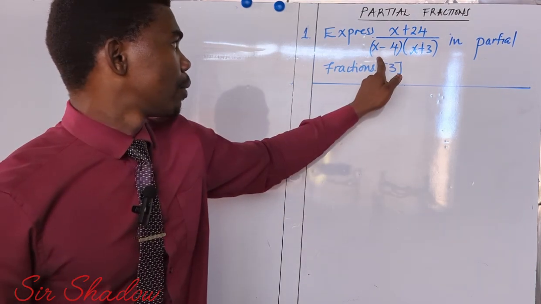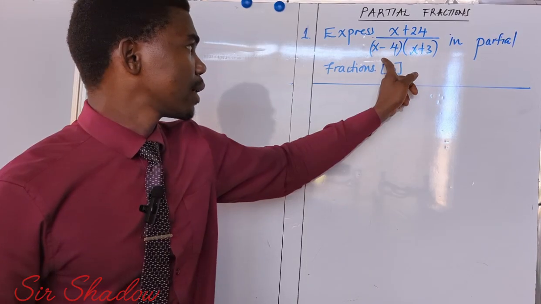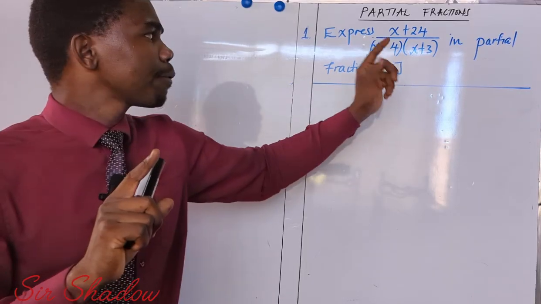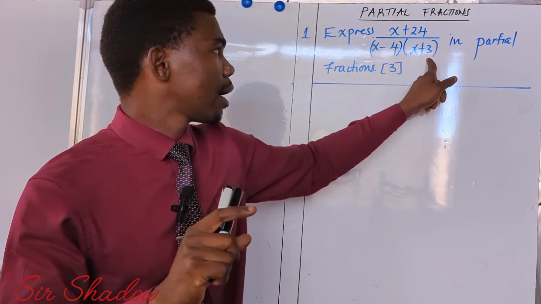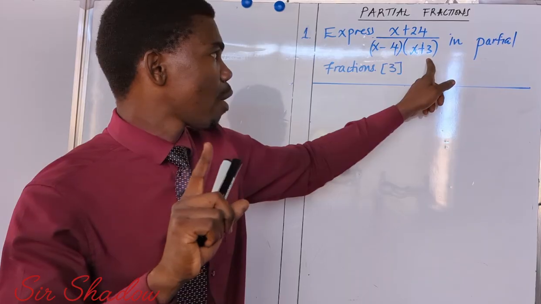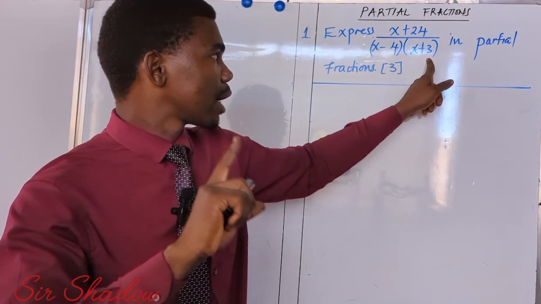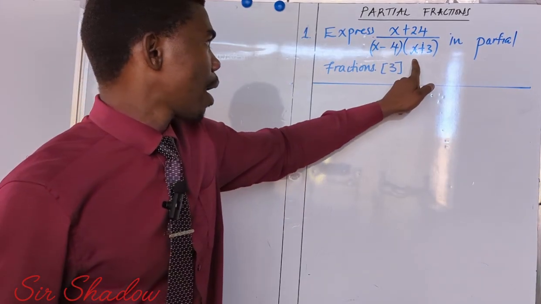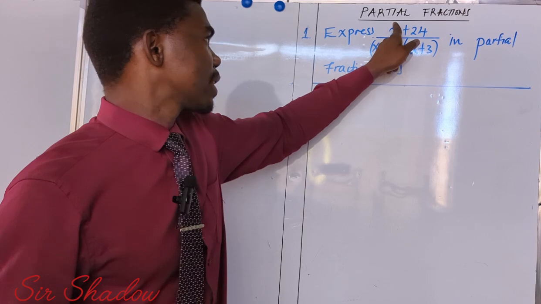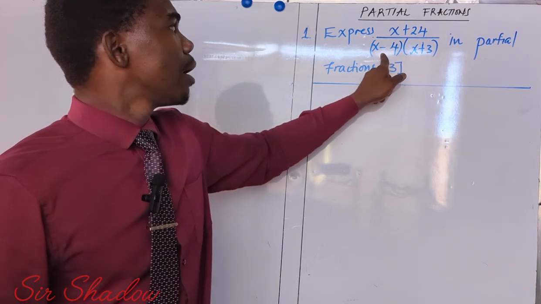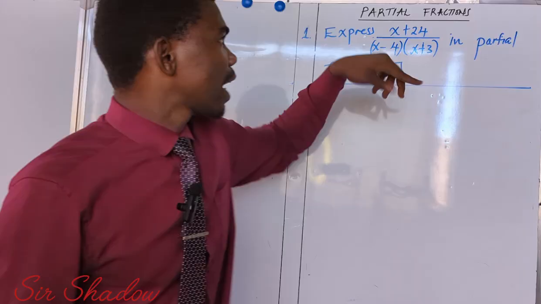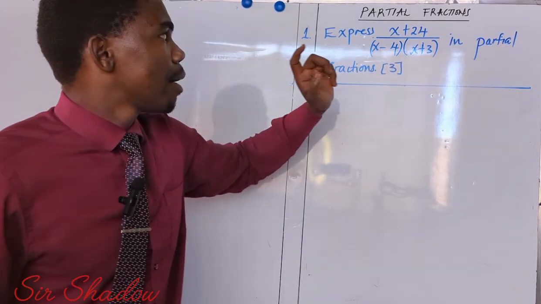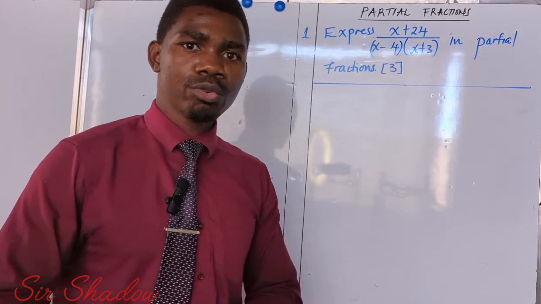If you check well, on this one, the highest power of x is 1. If the highest power of x on the denominator is more than 1, you are going to apply quadratic. If the highest power of x on the numerator is greater than the highest power of x on the denominator, that's improper, and you use long division.